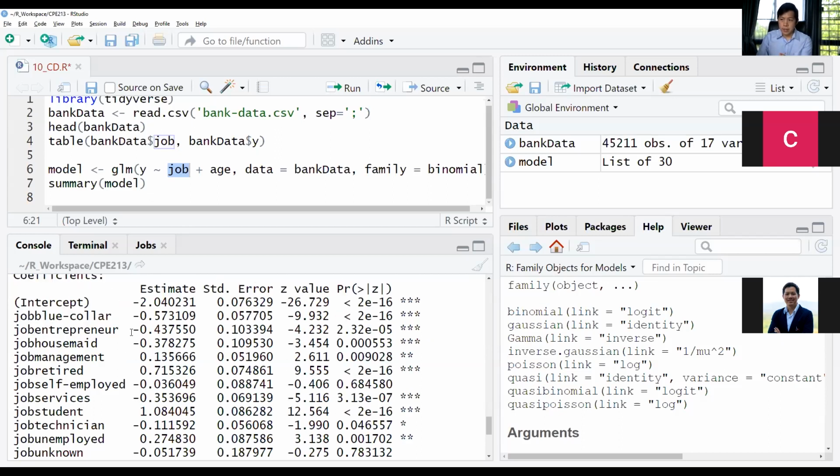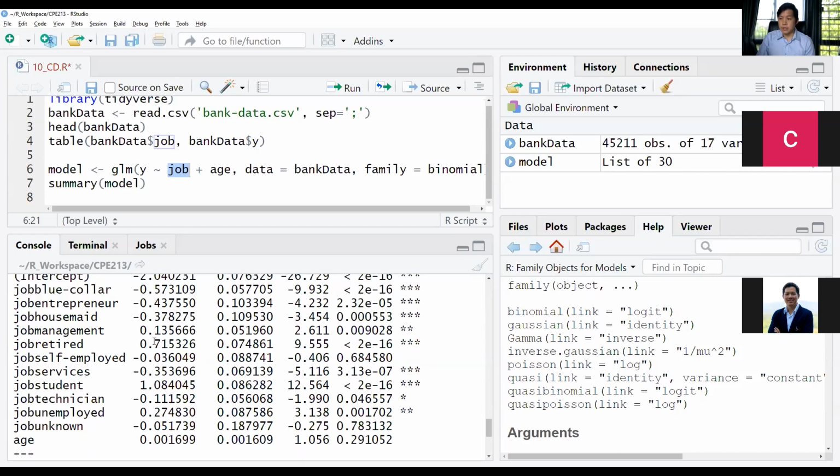So we can see here that blue collar and housemaid, like what we saw earlier, the chance is like 10 to 1 of not accepting, and you get a negative value here. But the retired and students are accepting offers.